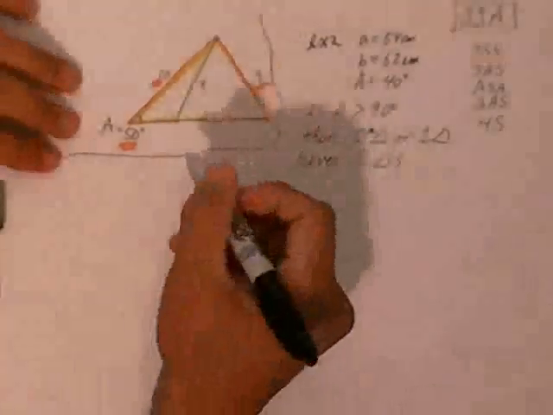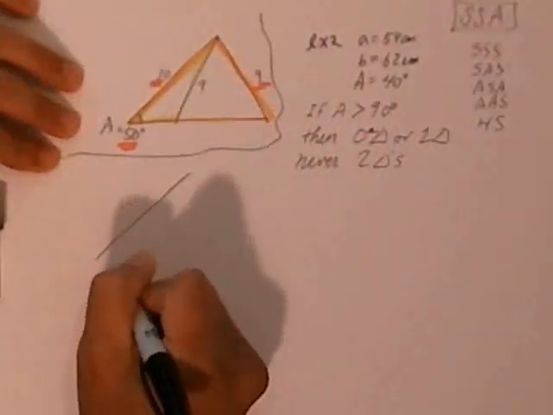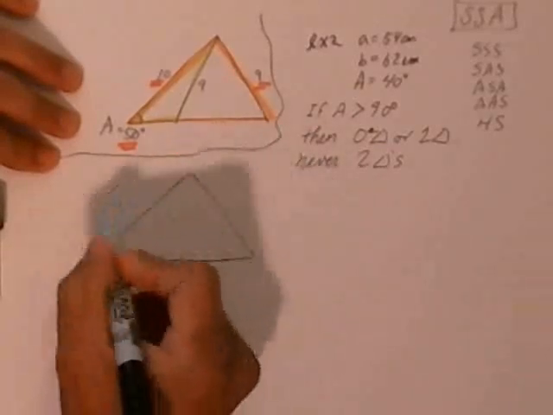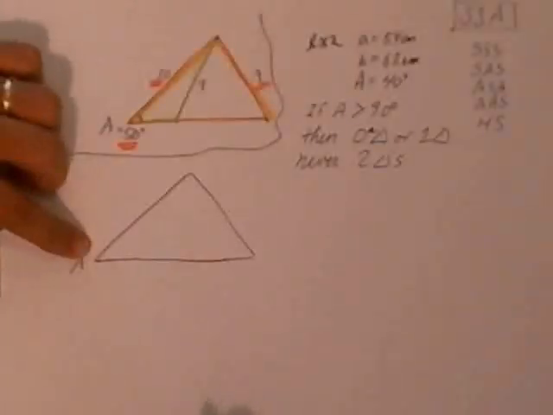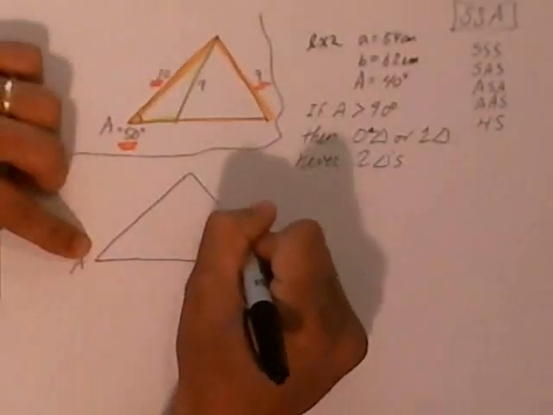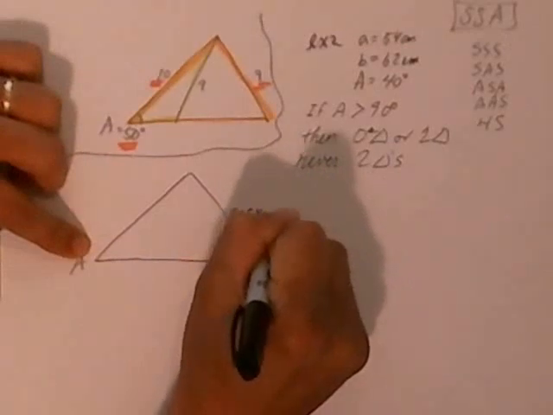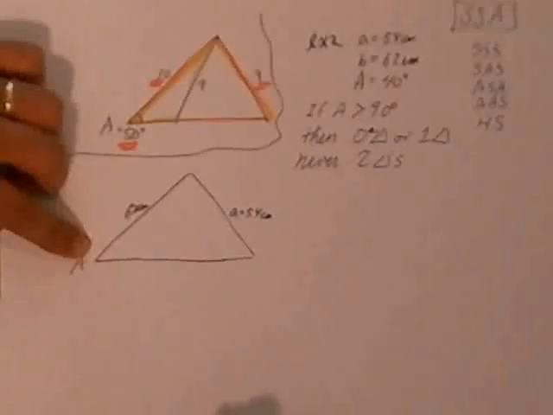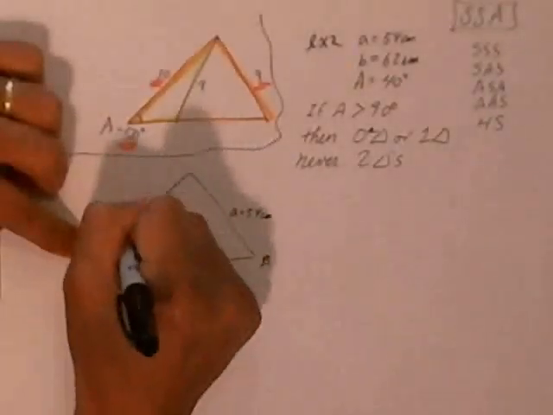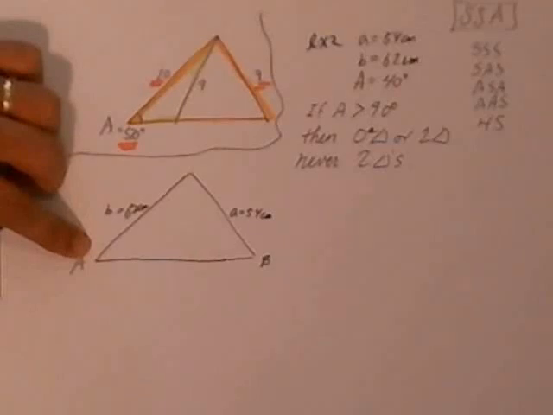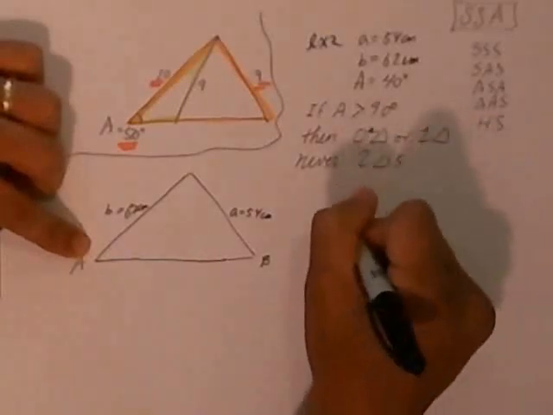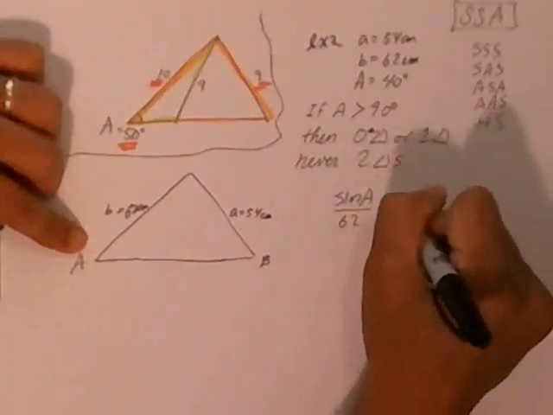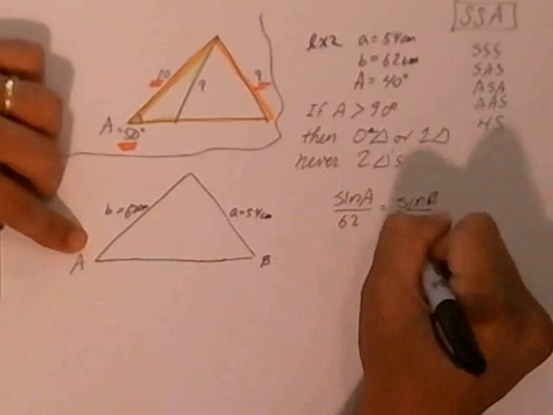Let's try to figure out the missing parts. We're going to draw it out first. That's about a 40-degree angle. We always label this side A, and opposite that it will be little a, which is equal to 54 centimeters. Little b is going to be 62 centimeters, and here's big B, of course. We're going to use the law of sines to see what happens. Sine of A over 62 is equal to sine of B over 54.